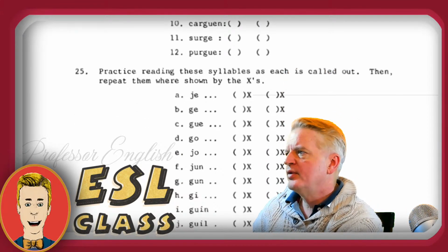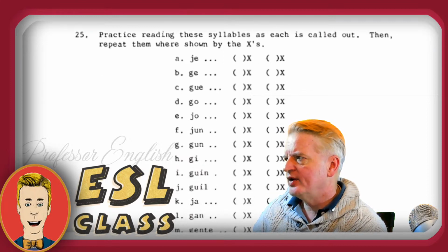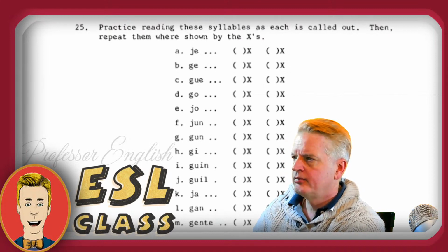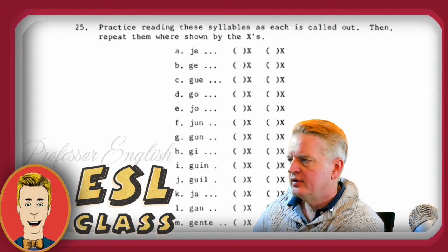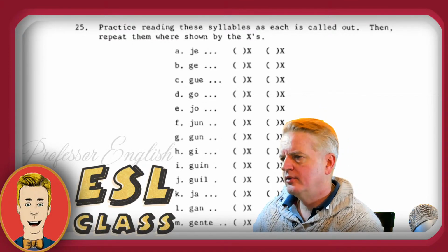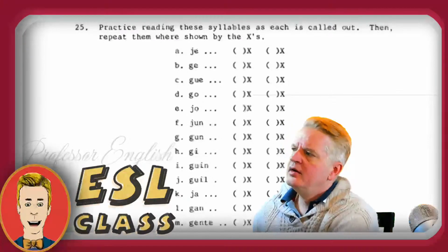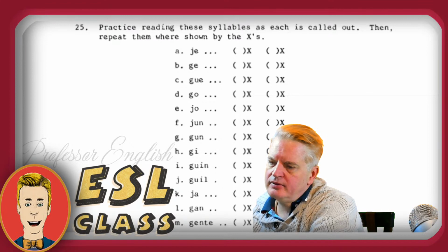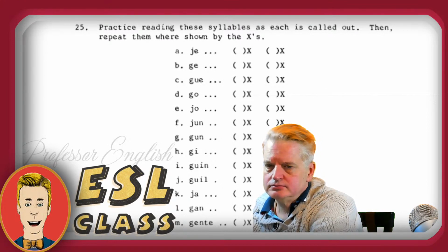Number 25. Practice reading these syllables as each is called out, and then repeat them where shown by the X's. A, Ge, he. B, Gi, he. C, Ge, ge.